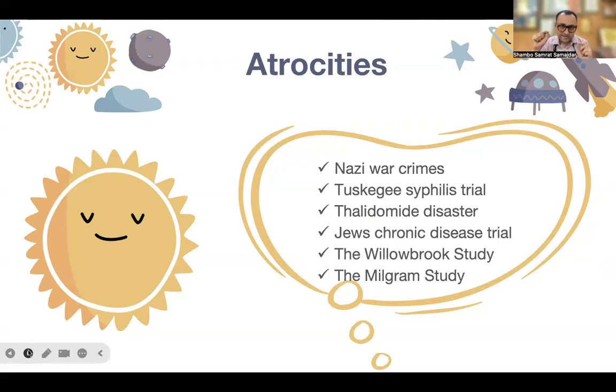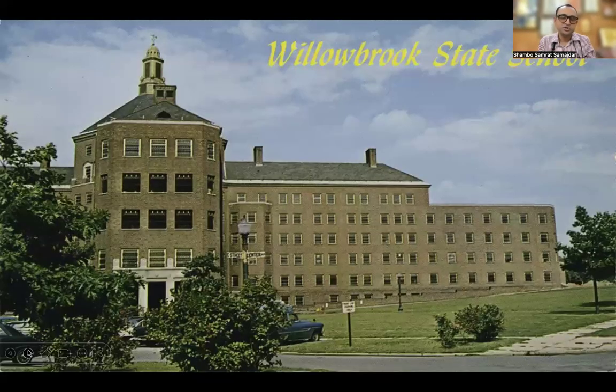And with all these atrocities, we got certain ethical principles, be it Nazi war crimes, the Tuskegee syphilis trial, the thalidomide disaster, the Jewish chronic disease trial, the Willowbrook study, the Milgram study. We do not want this type of events to be repeated, but with these events, we got something which is good for mankind and for the history of clinical research.